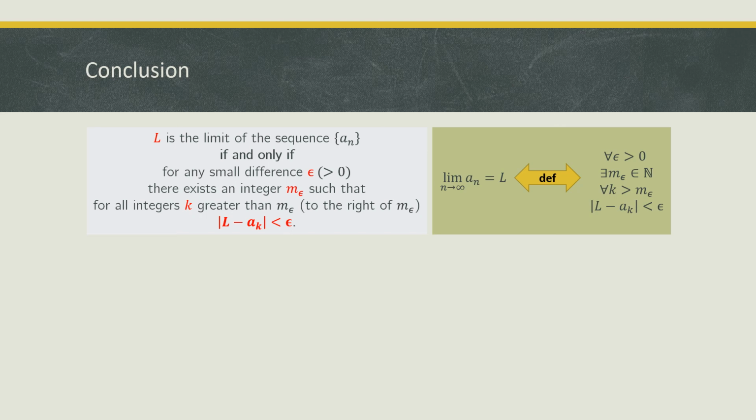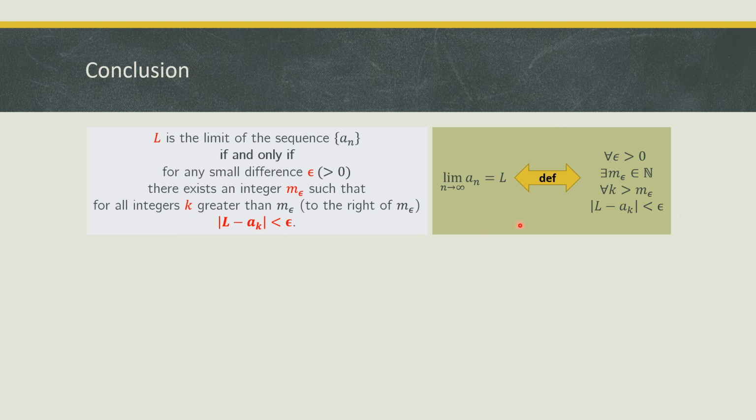That is that the limit is L if and only if, for any small difference epsilon, there exists an integer or a natural number m sub epsilon, such that for all integers to the right of that m sub epsilon, the difference between the limit and the terms after m sub epsilon must be smaller than epsilon. And we write it more concisely in the manner on the right.